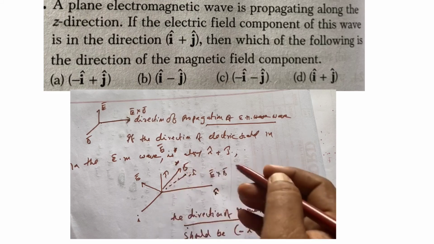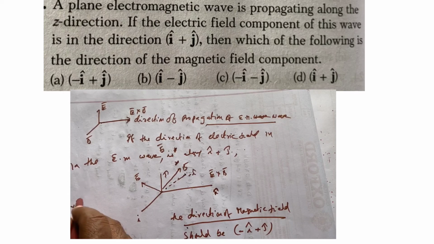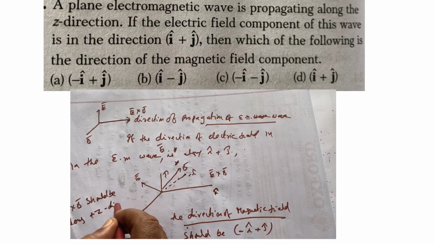E bar cross B bar should be along the positive z direction.